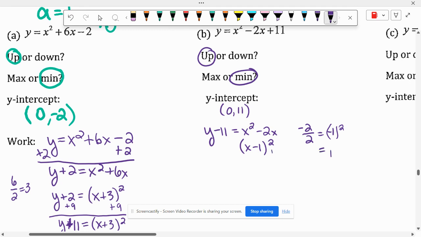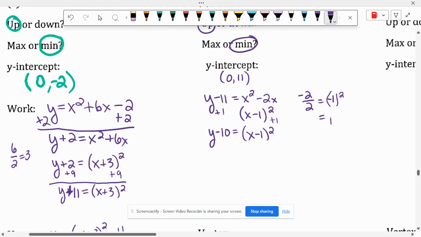So I'm actually adding a secret 1 to this side. You don't see it, but that means I have to add a 1 to the other side. So y minus 10 equals x minus 1, the quantity squared. Last step, add what to both sides? Add that 10 back to the other side: y equals x minus 1 squared plus 10.